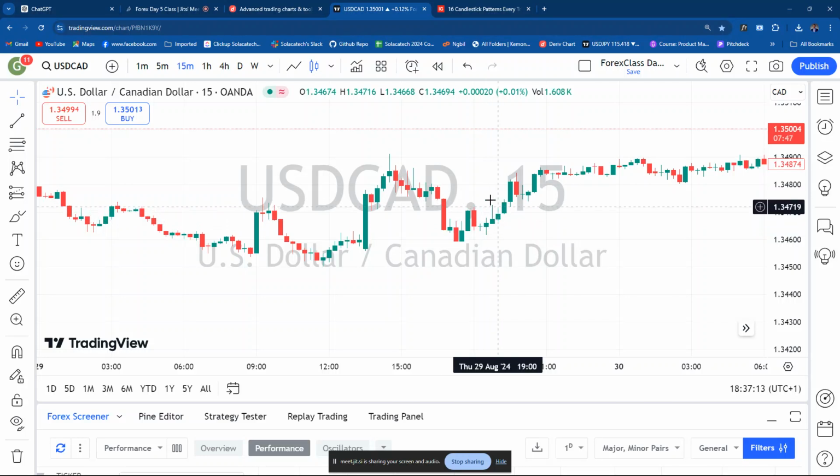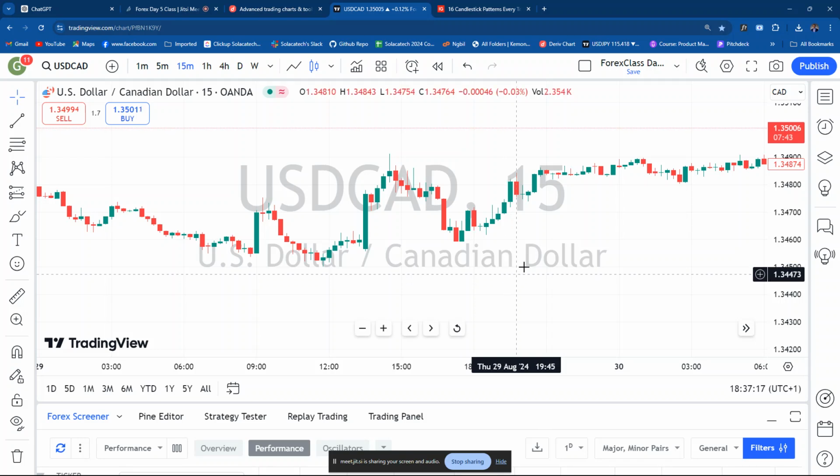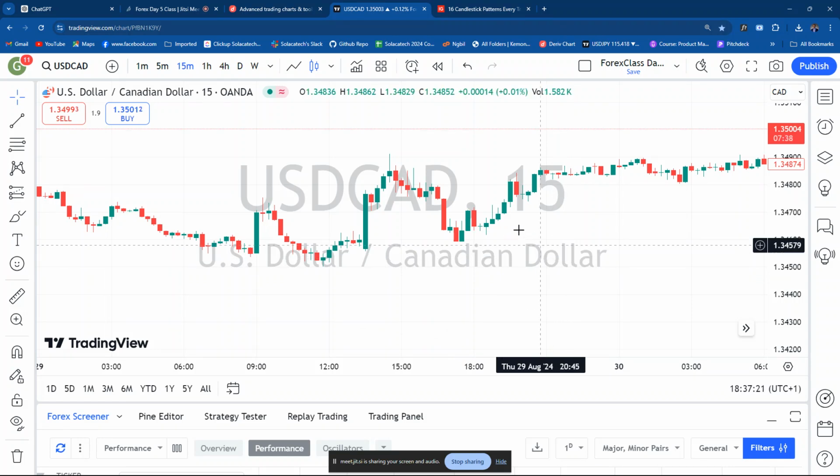Just like Thor's hammer, for those that watch Marvel productions. The wick of this candle is longer than the body, and this candle is closing full without a wick. This is a hammer. I don't know if you see it.